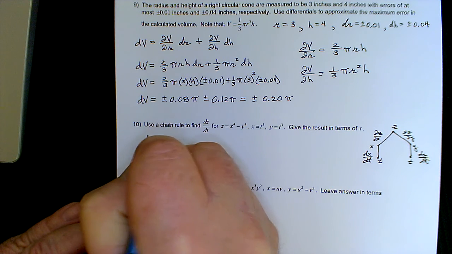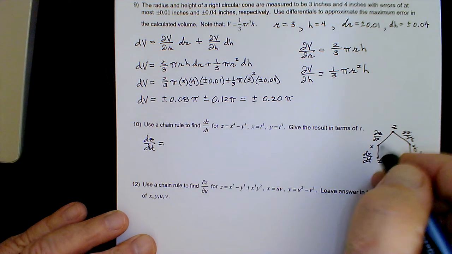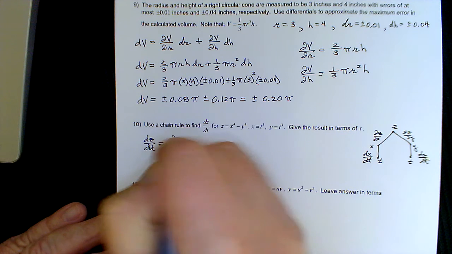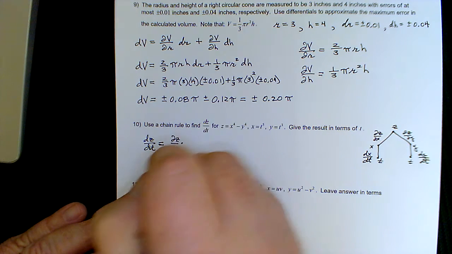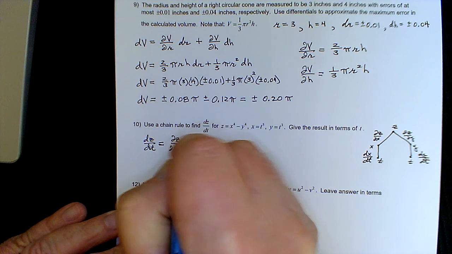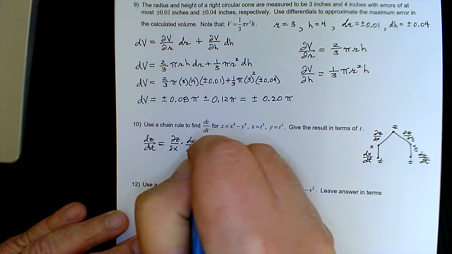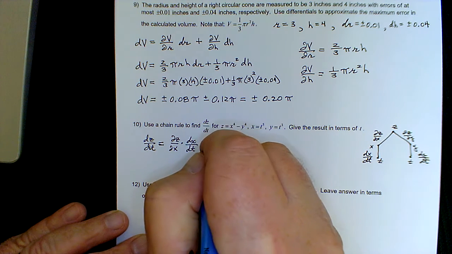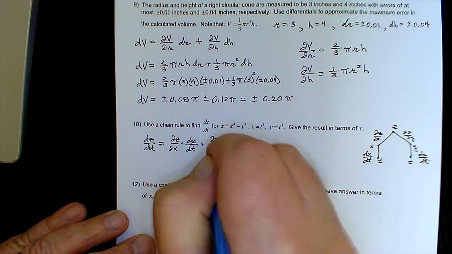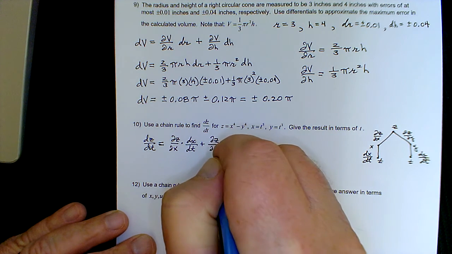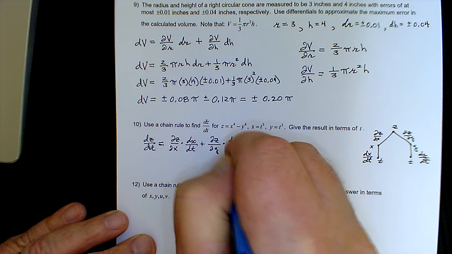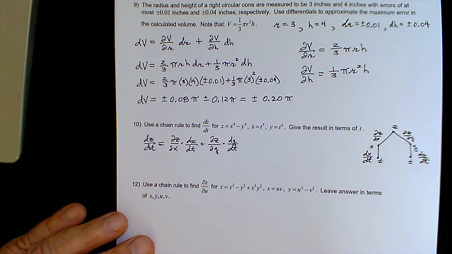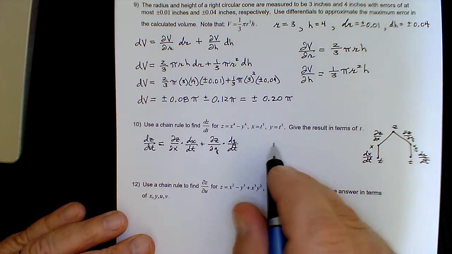And that would be, just reading the branches, the partial of z with respect to x times dx dt, and then plus the next branch, partial of z with respect to y, times dy dt.